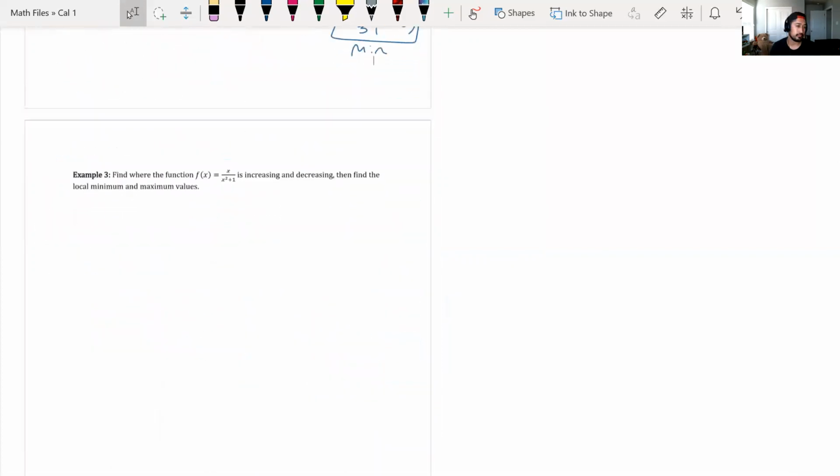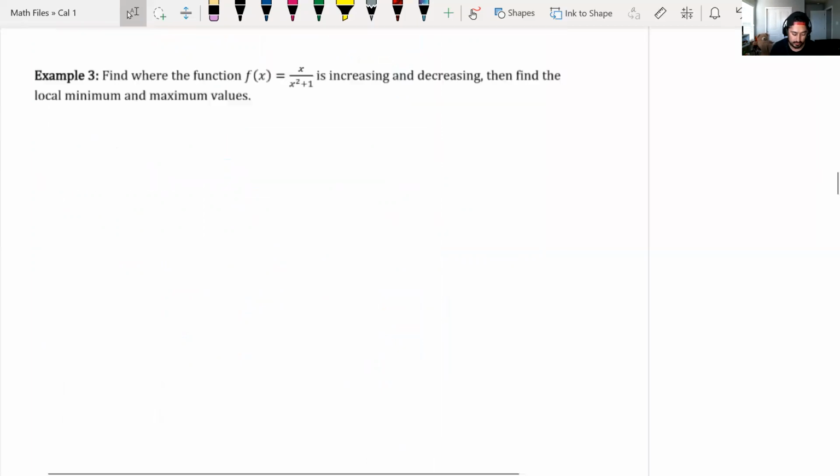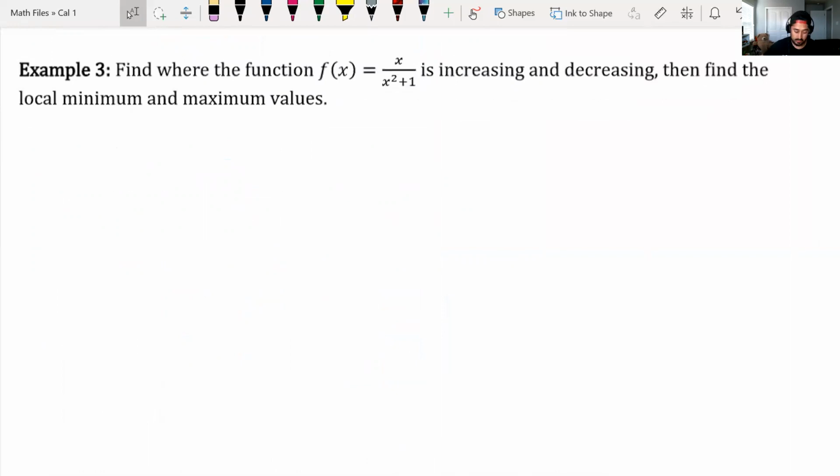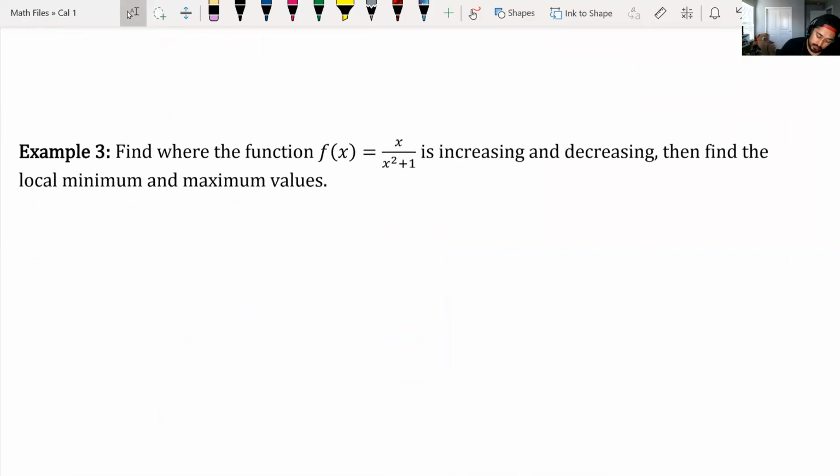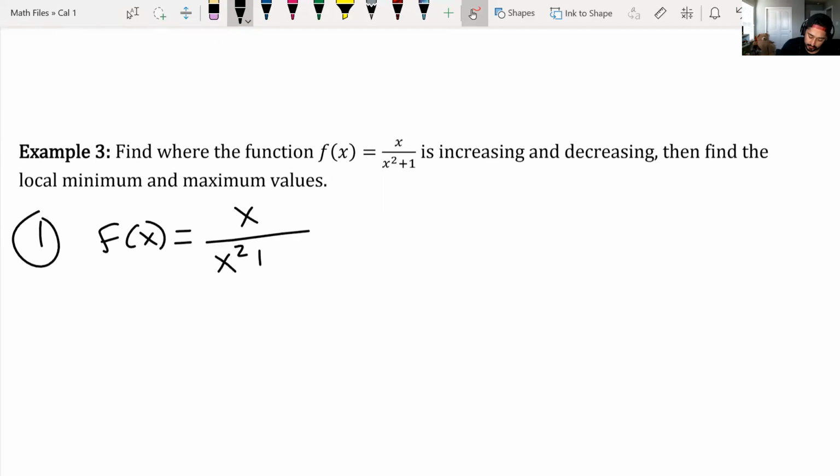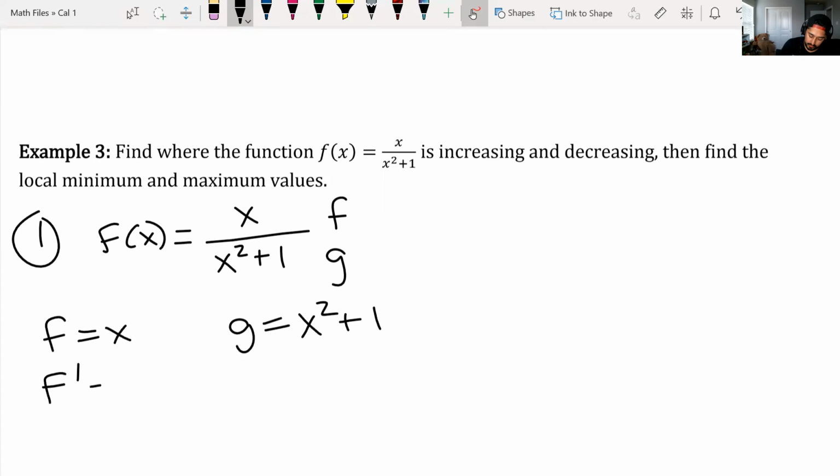All right. Example 3. Do it again. Find where this function increases and decreases, then find max and min values. Okay, so right now you're just along for the ride, right? So we're on step 1. f of x equals x over x squared plus 1. So that's f, that's g, which means f is x, g is x squared plus 1. f prime is 1, g prime is 2x.